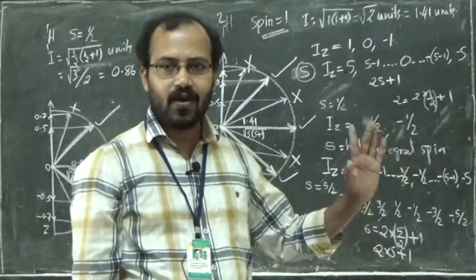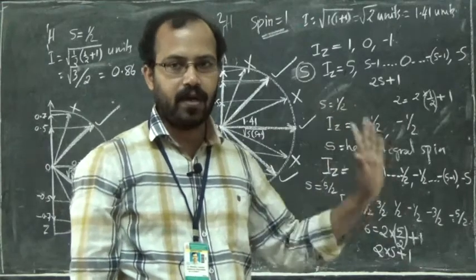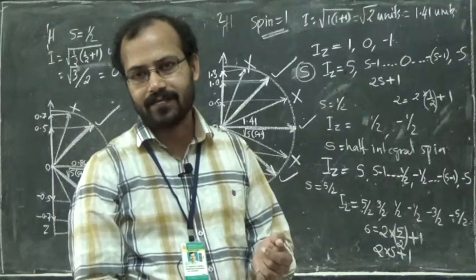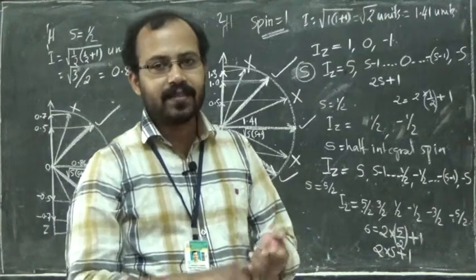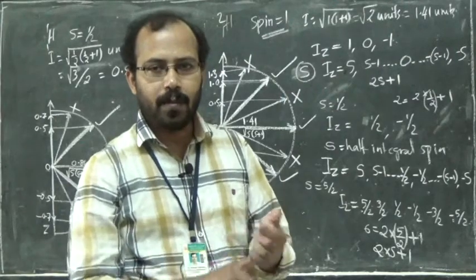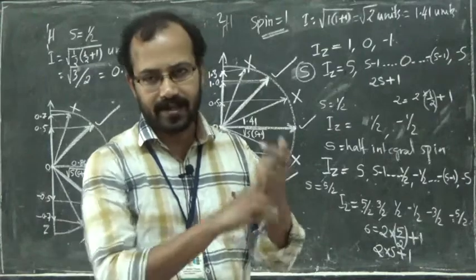So, this is the quantum mechanical restriction for the spatial orientation of the angular momentum. Let us conclude once again. The spinning nucleus has an angular momentum, but this angular momentum cannot orient or point in all the arbitrary directions.